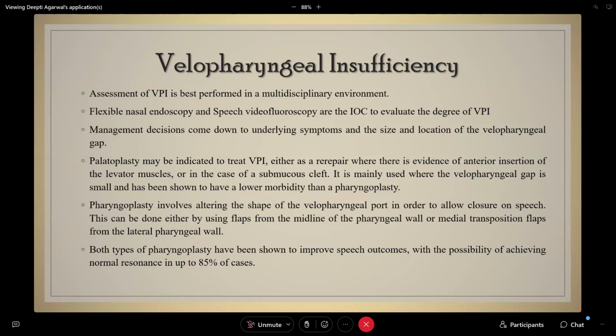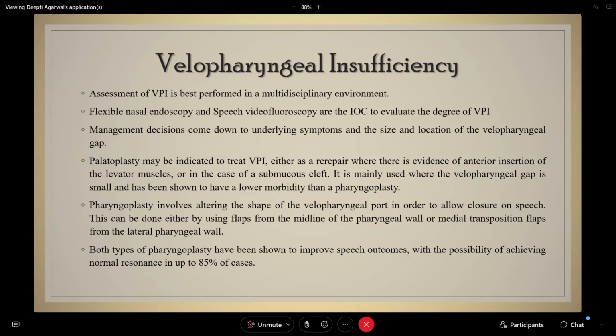So in any syndromic children or anywhere there is an indication, the child should be evaluated, preferably in a multidisciplinary environment, to rule out or rule in velopharyngeal insufficiency. The investigations of choice are flexible nasal endoscopy and speech video fluoroscopy.